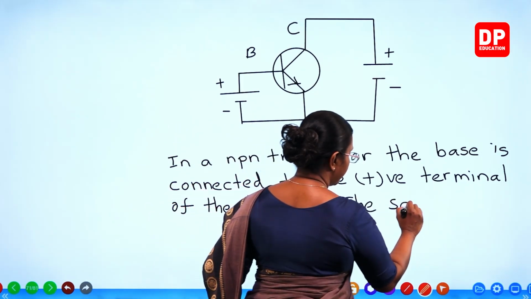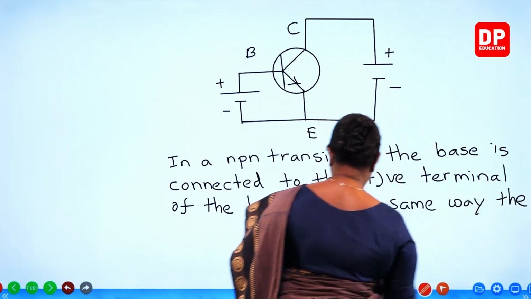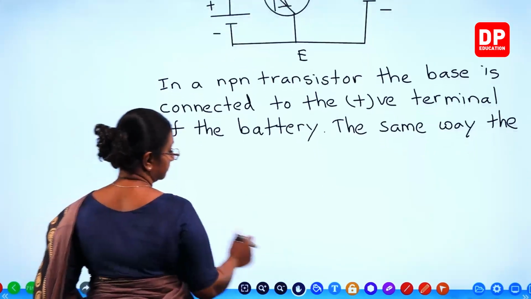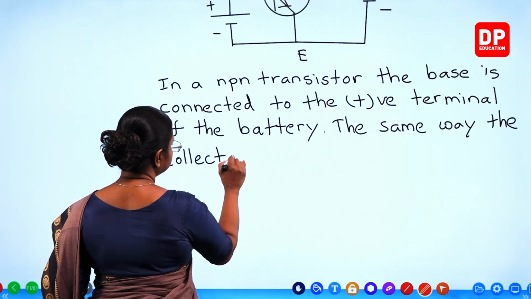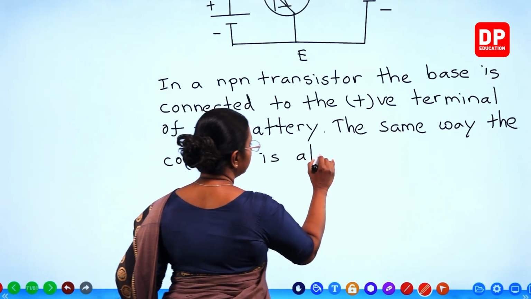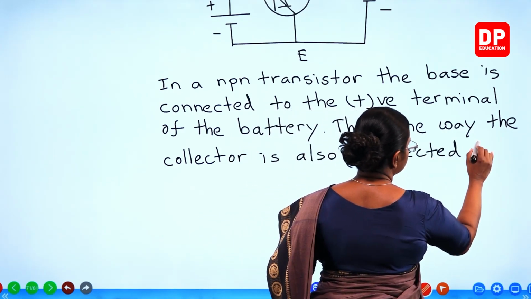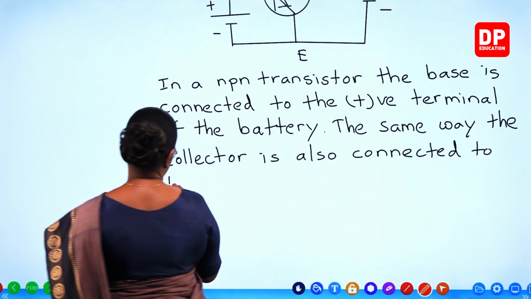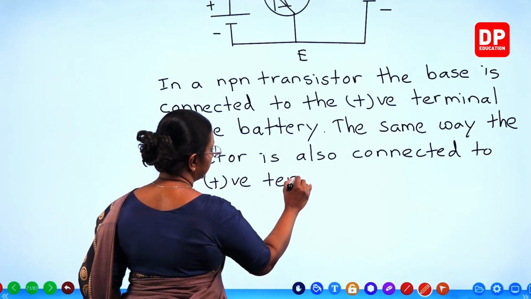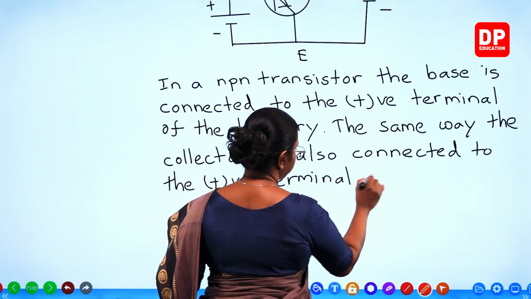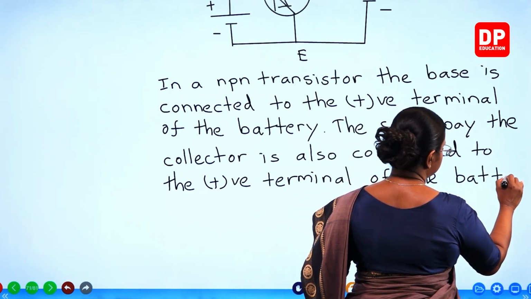The same way, the collector is also connected to the positive terminal of the battery.